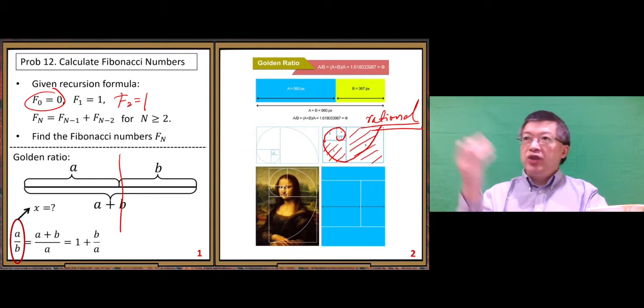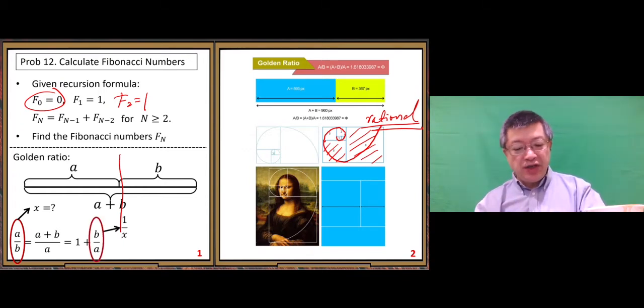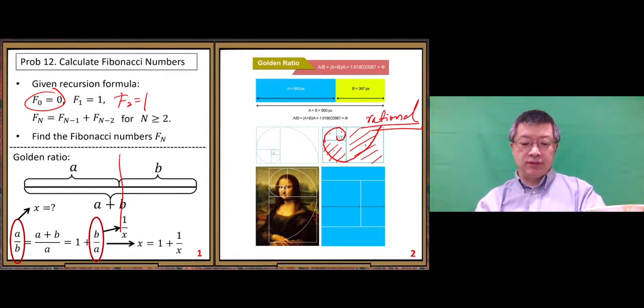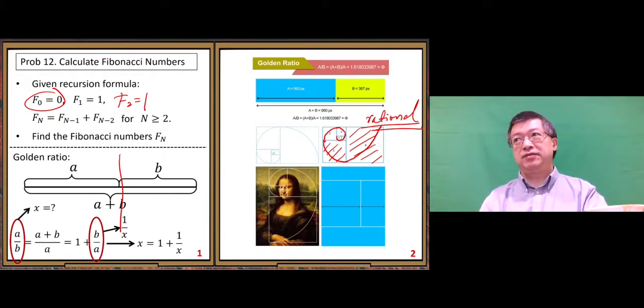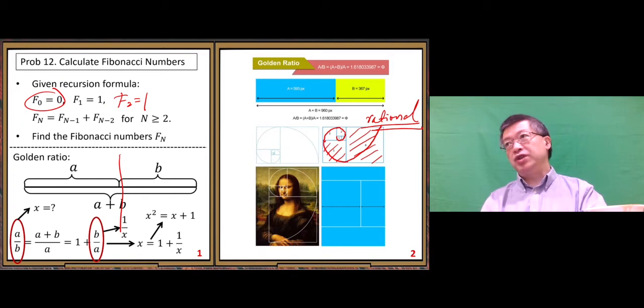After we introduce this variable X, you can see B over A is just the reciprocal of X, 1 over X. So now you convert the original two-variable equation to a one-variable equation: X equals 1 plus 1 over X. You only have one variable, one equation, so you can find the value of X. After we simplify this equation, just remove the denominator, we get the equation X squared equals X plus 1.